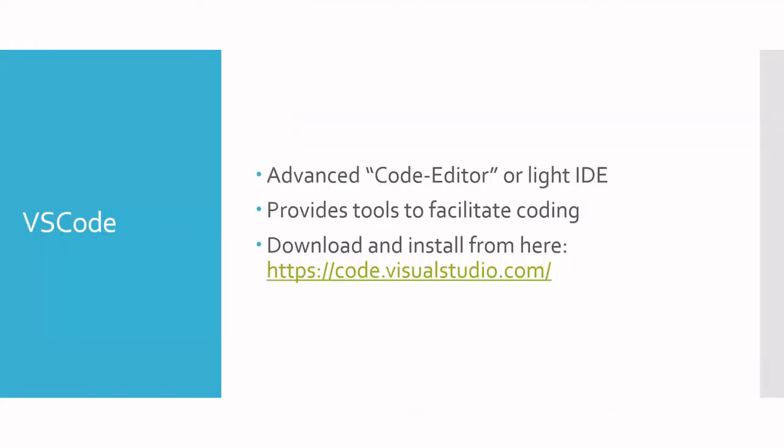Now, what do we call VS Code? Officially, most people call it a code editor. There is some minor distinction between an IDE, an integrated development environment, and a code editor. The code editor is lighter with fewer features. I feel like VS Code is closer to an IDE than a code editor.